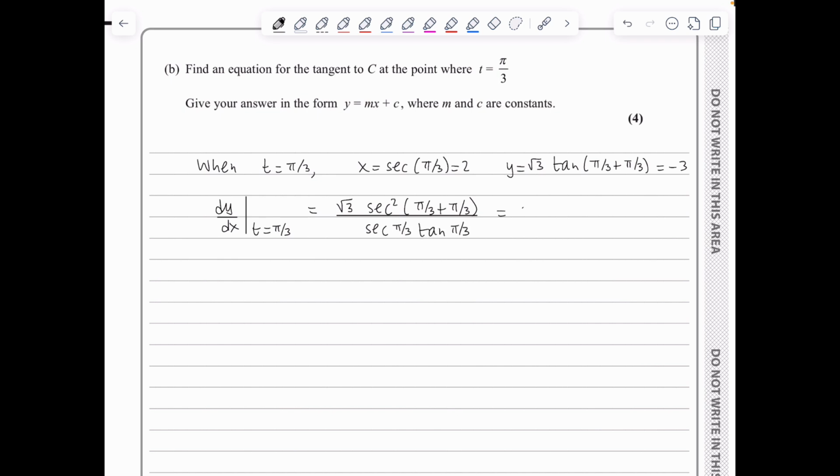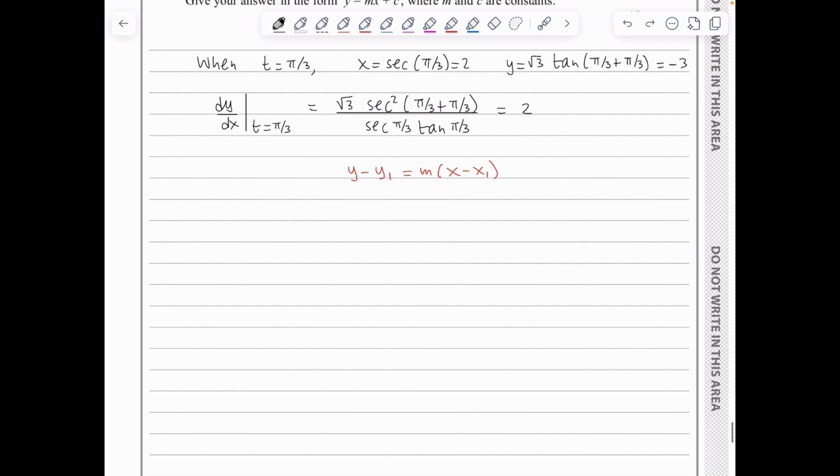This gives an answer of 2. And knowing that the equation of the tangent is given by y minus y1 is m(x minus x1), we are looking at y minus negative 3 is equal to 2(x minus 2). So y plus 3 is equal to 2x minus 4, leading to y is equal to 2x minus 7.